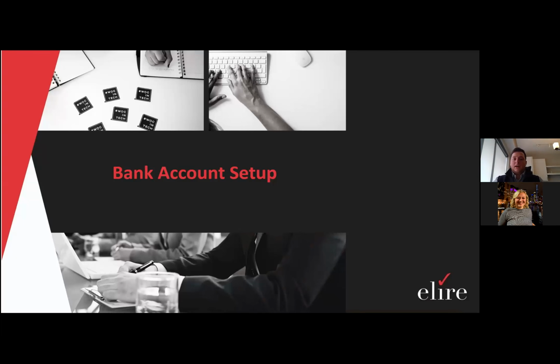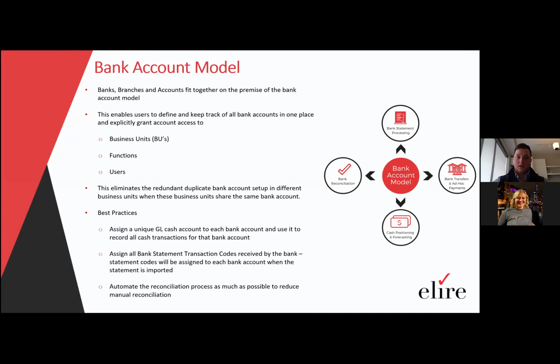So how does Oracle maintain this setup that allows us to really streamline these business processes? A lot of it starts with how bank accounts are set up inside of the application. Oracle follows a bank account model where it pulls together all the bank's branches and accounts into a single premise so that all of our information is kept and tracked in one place.